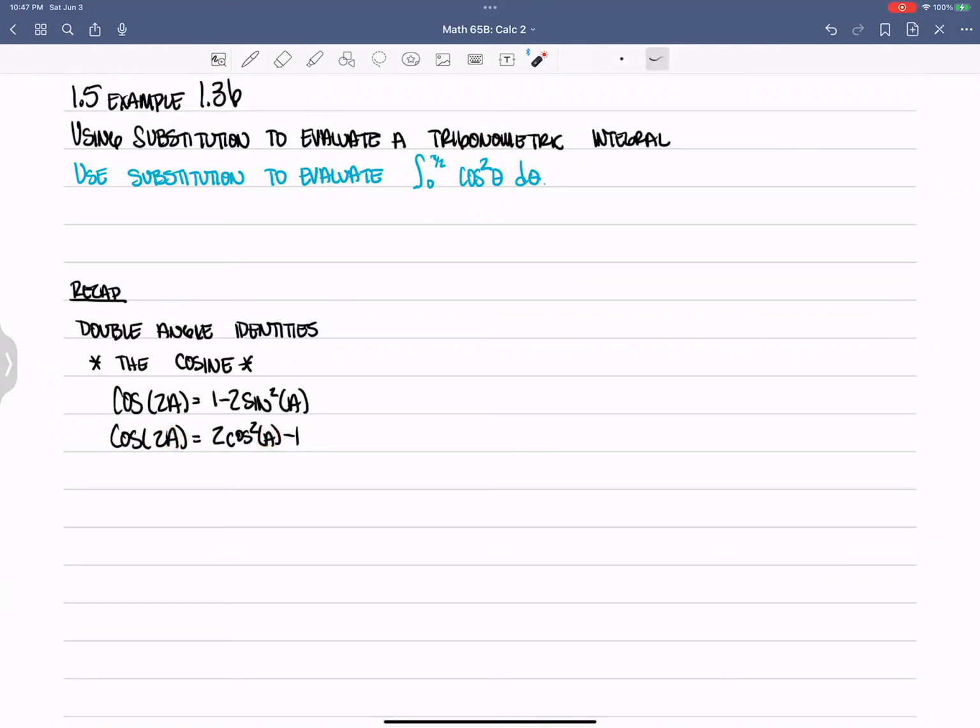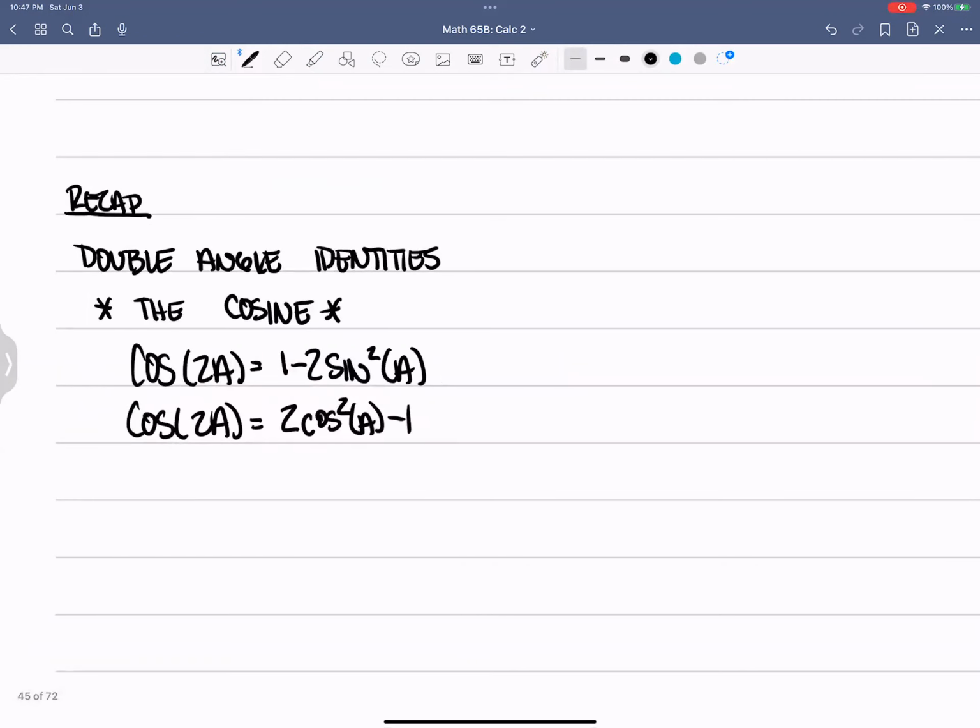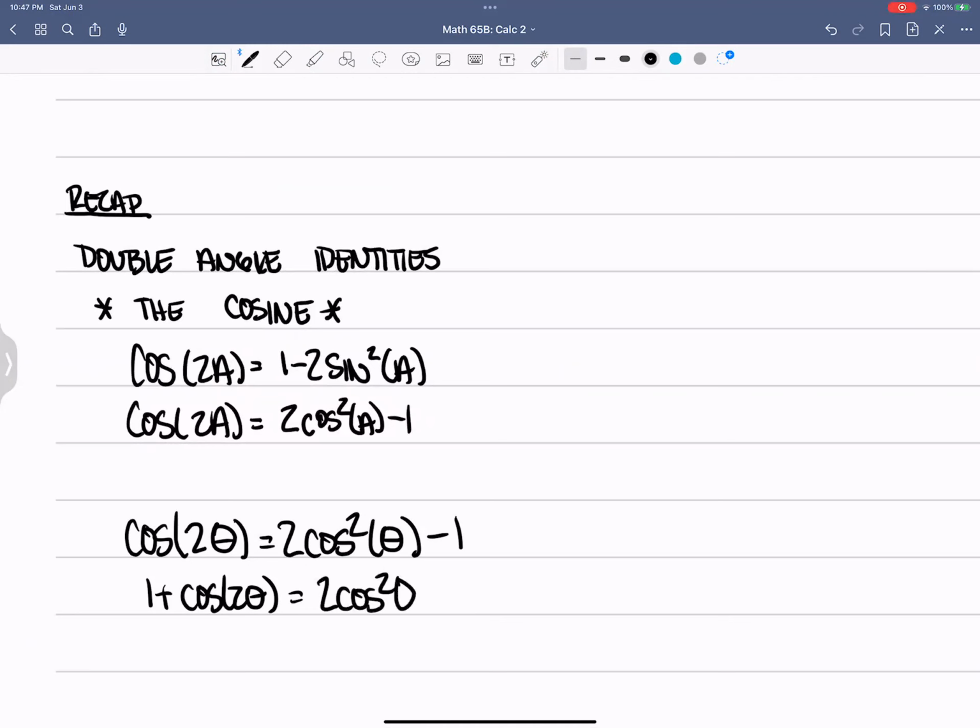So let's solve for it and see what we end up with. Cosine of 2 theta is equal to 2 cosine squared theta minus 1. So we have 1 plus cosine of 2 theta equal to 2 cosine squared theta.